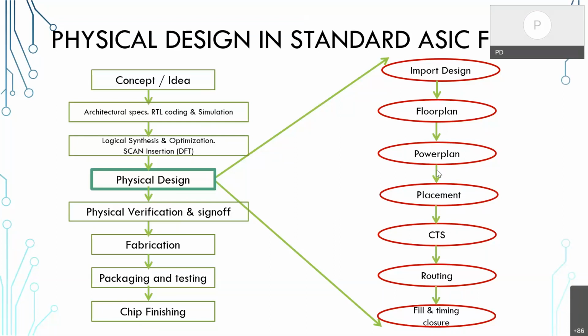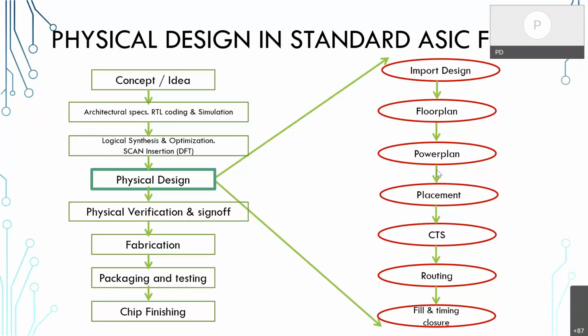By synthesis, what do we mean? It's normally combining into a group, which means we are making the RTL code into a more hardware understandable form. That is, we will synthesize it into a gate level netlist, where we'll have the exact connections between the registers and the standard cells, the wire descriptions, everything.